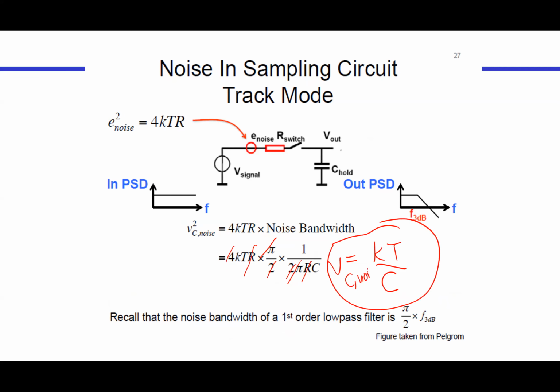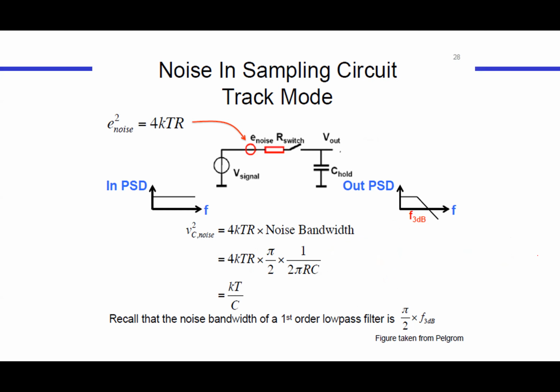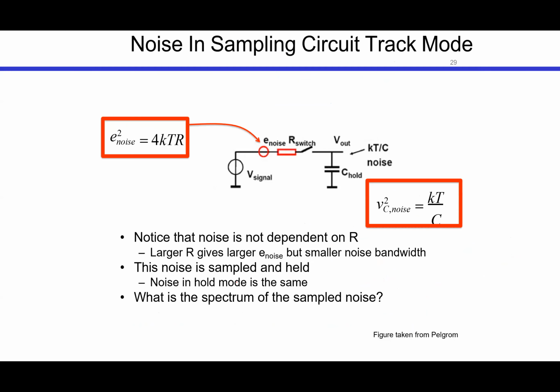So the mean square of the noise on the capacitor is kT over C. You should know that this is the definition of the thermal noise. This is the value of the thermal noise for a simple sample and hold circuit. So this is the takeaway from here, the value of this noise.